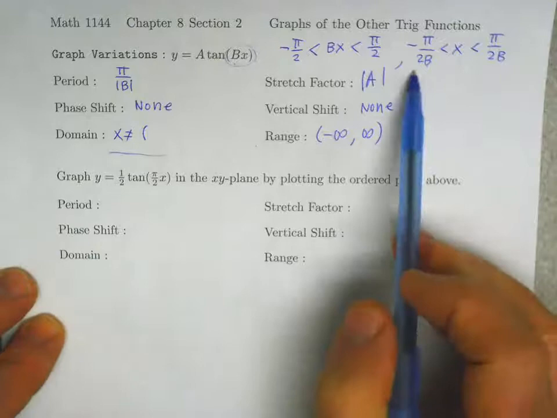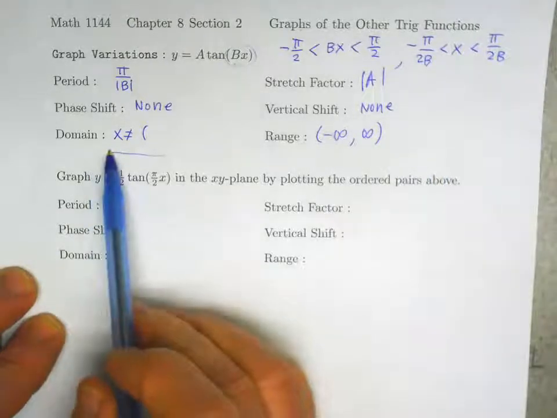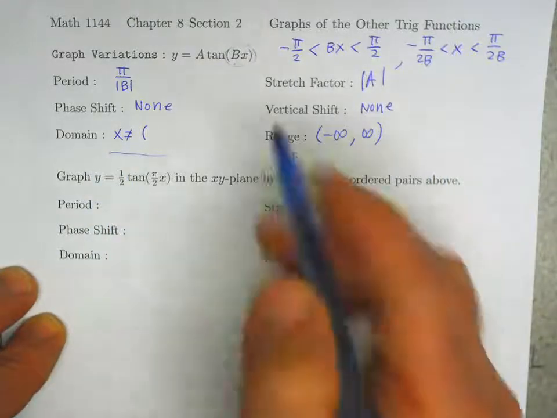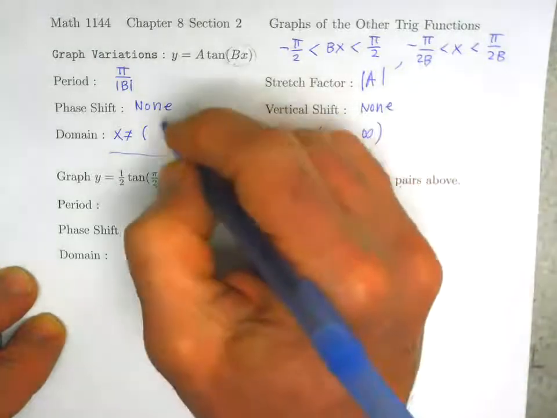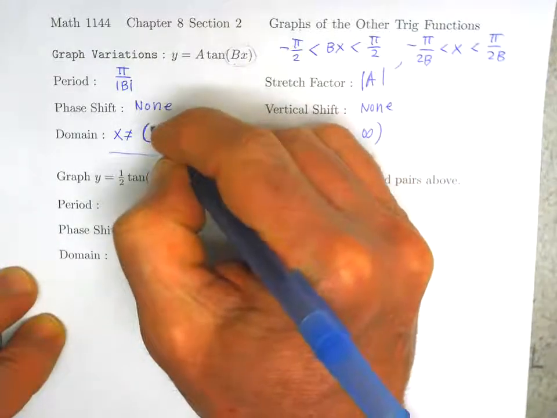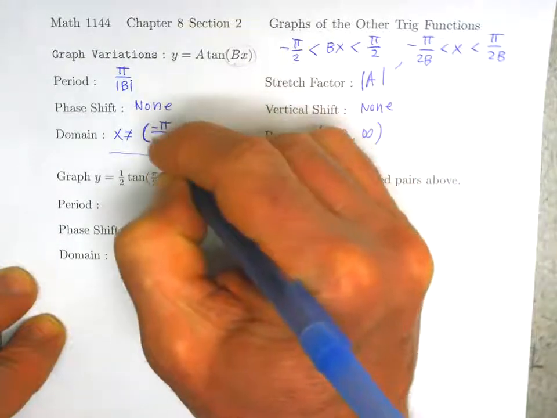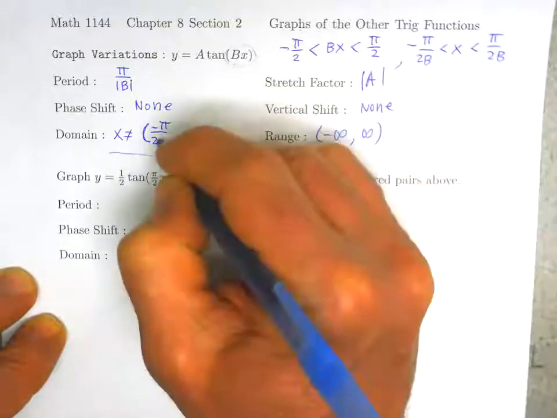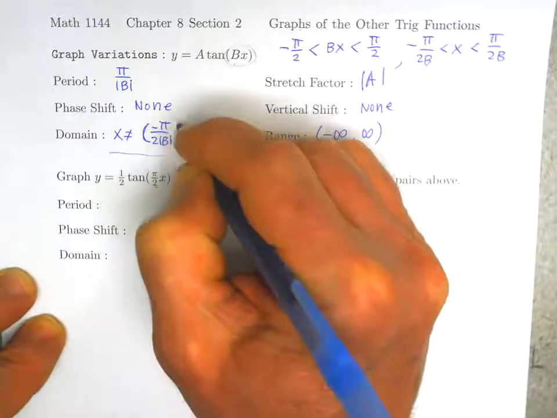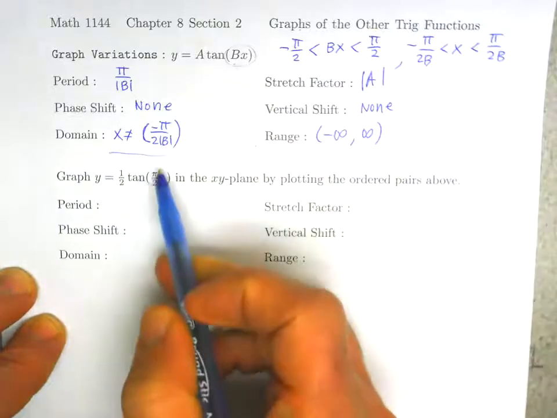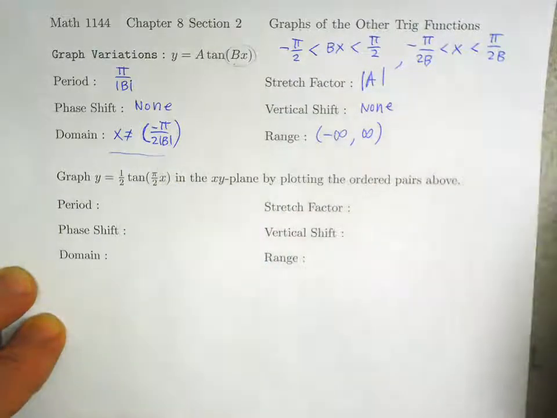Okay, so I can use this to help me for the domain. X cannot be equal to, well, I know negative pi over 2 times, in general, the absolute value of b, and then other multiples of that.